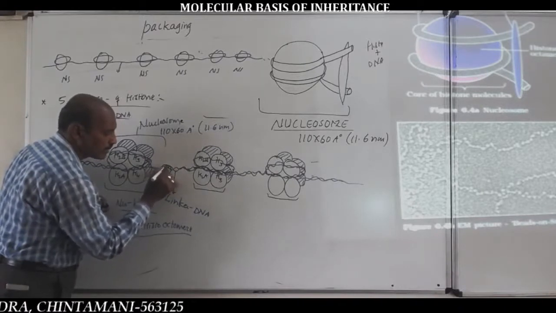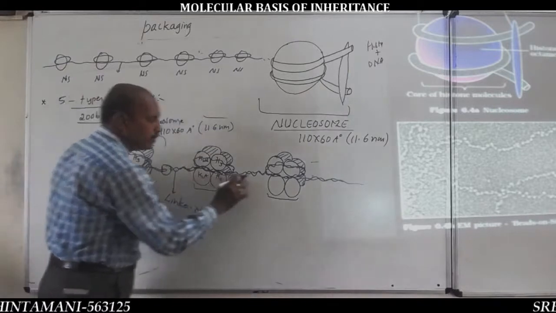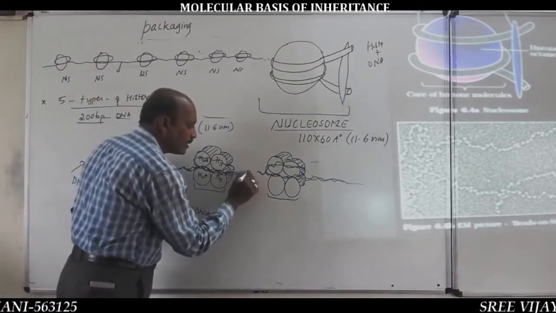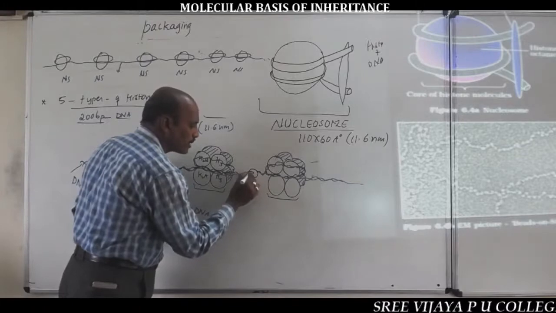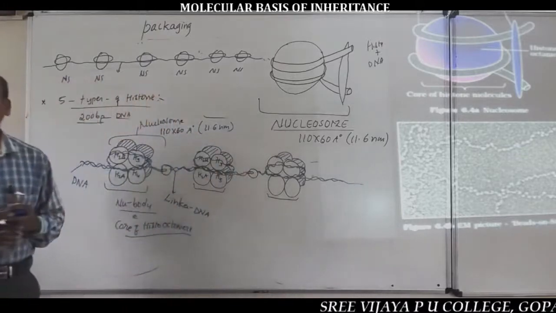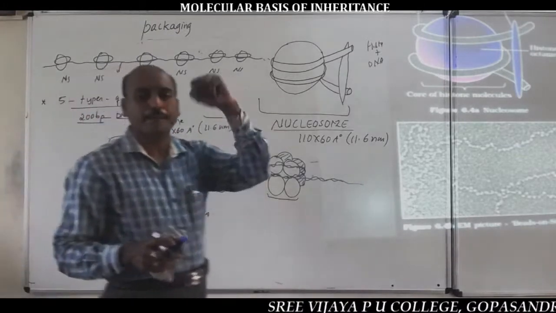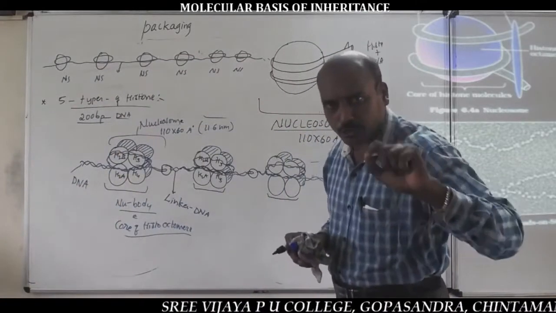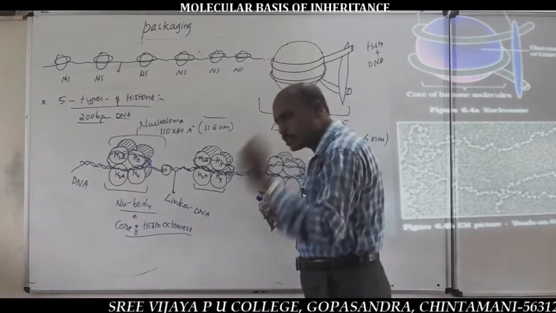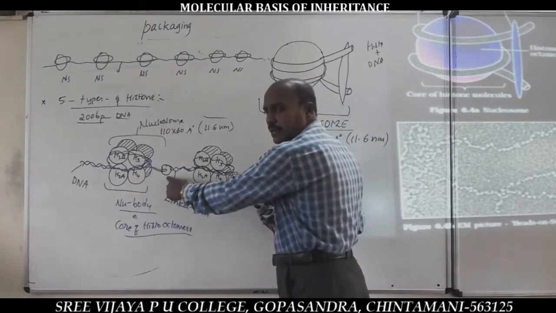Listen here, H1 histone protein is present in the linker DNA. Most important question for CET. H1 histone protein is never present in the nucleosome or in the histone octamer. It is always present in the linker DNA.